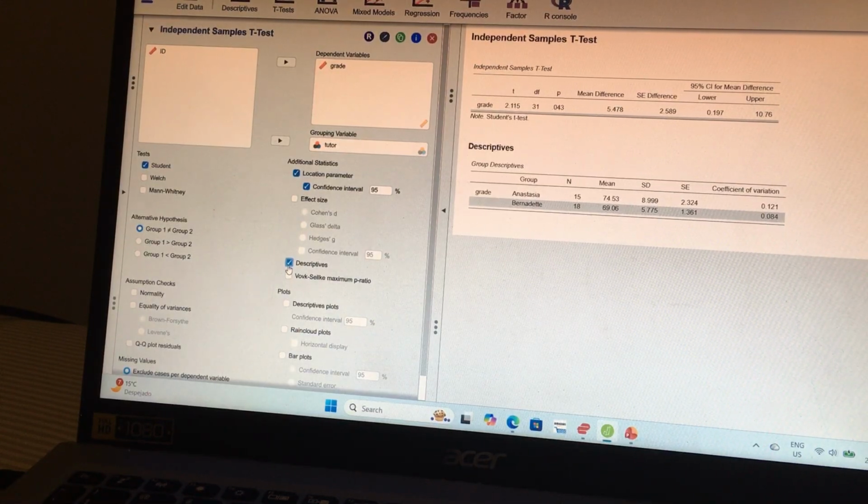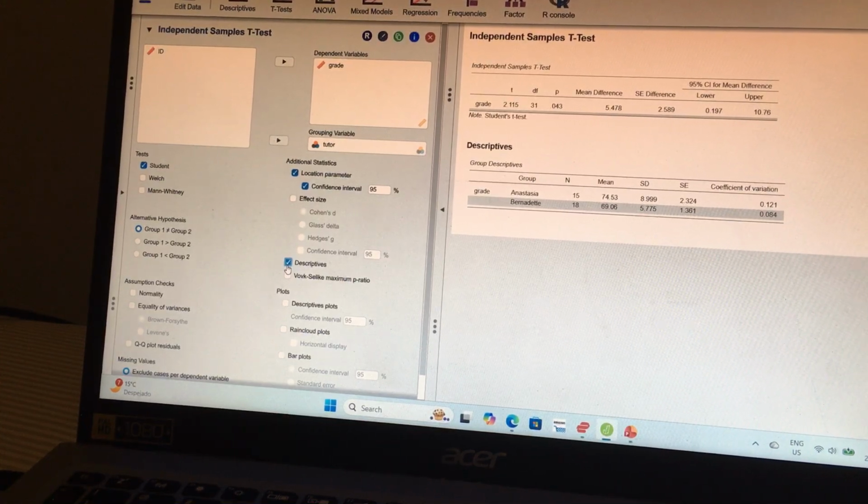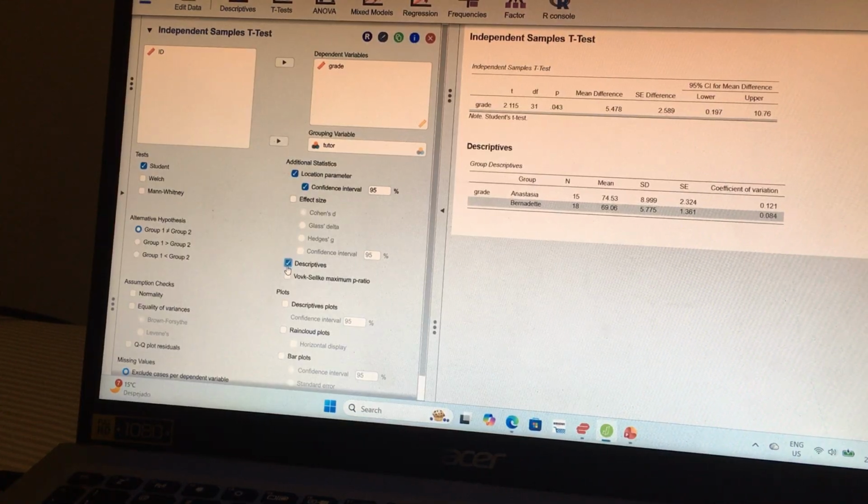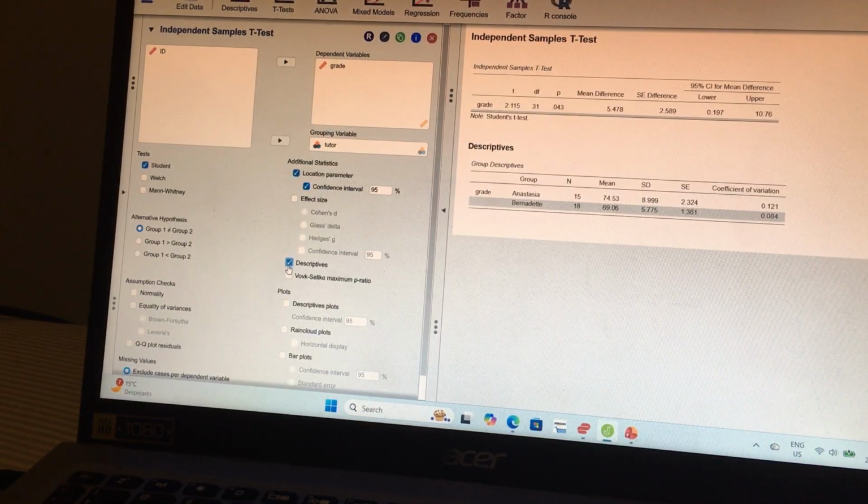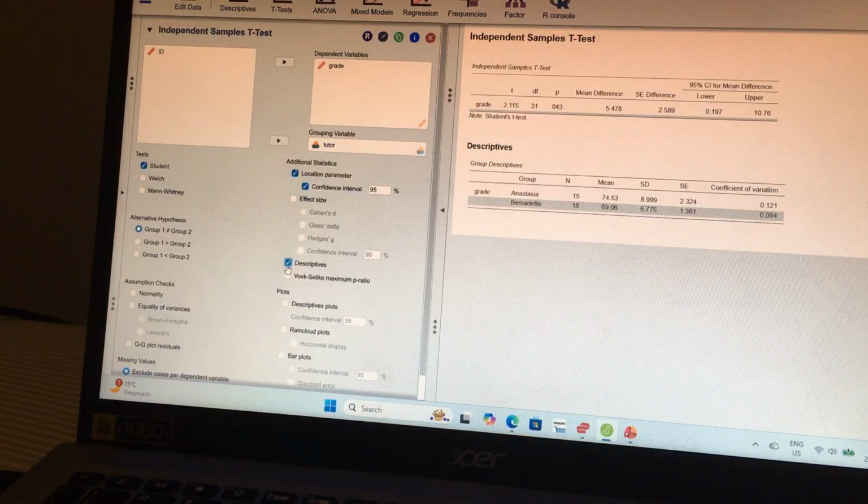That seems pretty straightforward when you think about it, but now consider our t-test comparing Anastasia's class to Bernadette's class. Which one would we call mean 1 and which one would we call mean 2? It seems pretty arbitrary. However, you really do need to designate one of them as mean 1 and the other as mean 2.